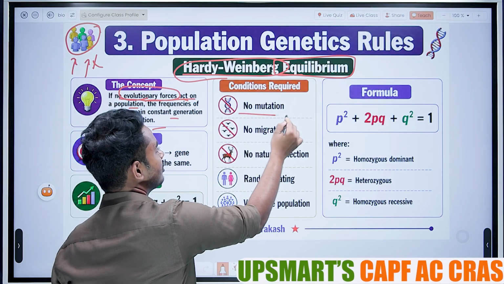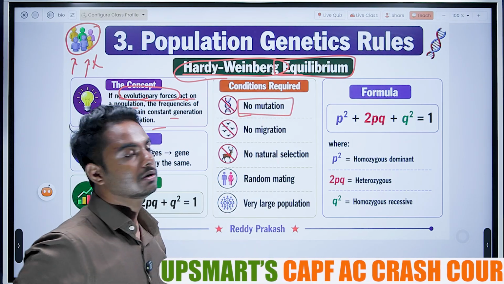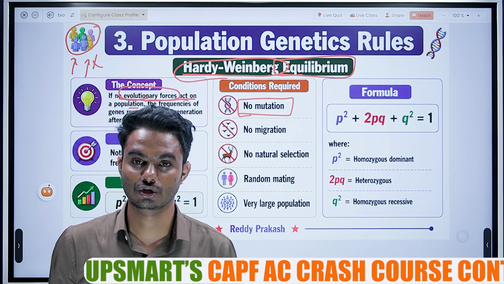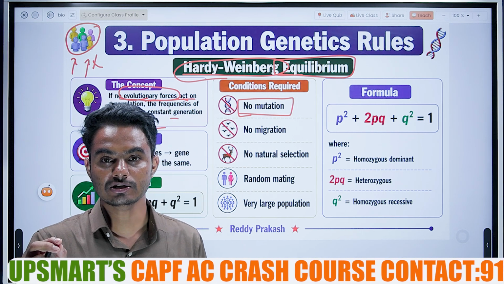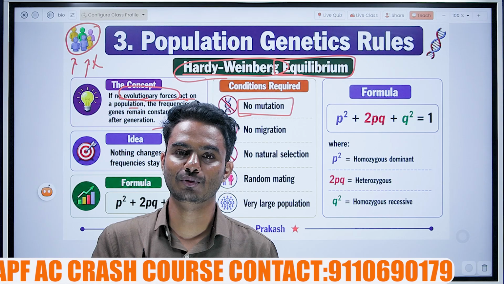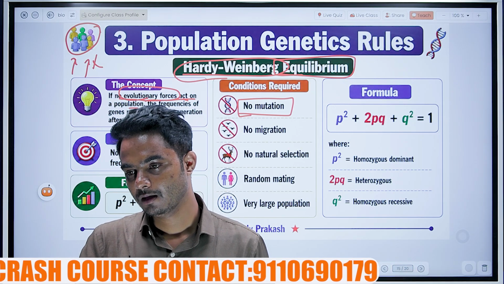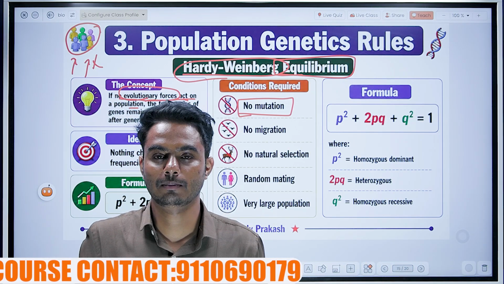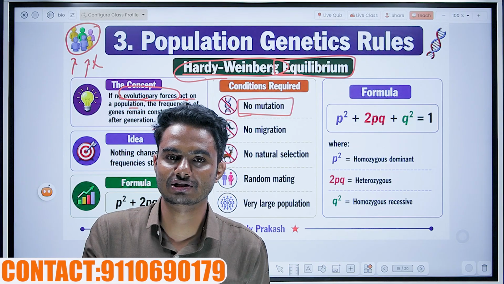No mutation. Mutation means point changes in the DNA, genes, genome, very minute changes shouldn't happen. See, I am here today. Suddenly, if I get a mutation change, say my legs might not work, my vision might not work. That is a mutation change.